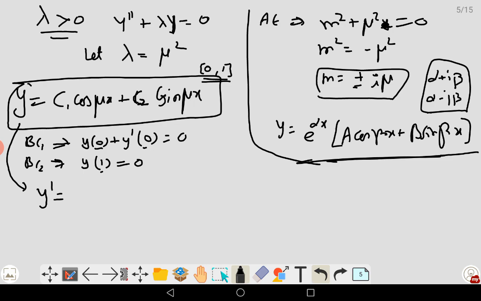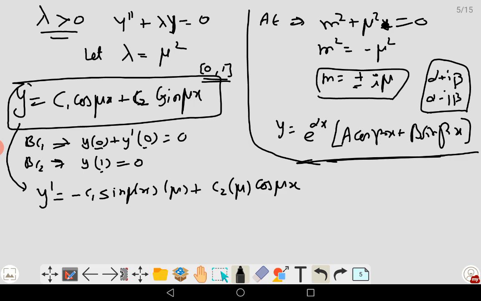When you differentiate cosine, it will be minus sine, so minus c1 sin mu x times mu, plus c2 mu cosine mu x.